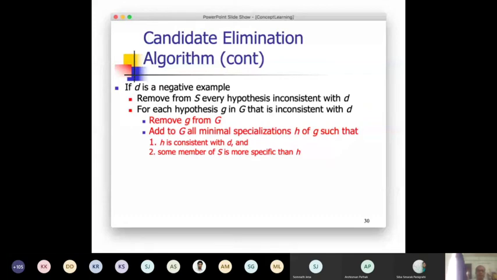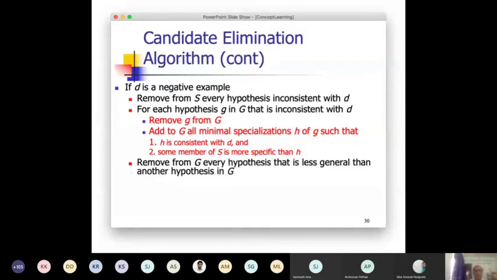So remove g and add to G all minimal specializations H of g such that H is consistent with D and some member of S is more specific than H. So actually it says that it is not only one hypothesis; you have to add multiple hypotheses which will be the minimal specializations of the present hypothesis small g, because with respect to this negative example, this small g hypothesis is not consistent.